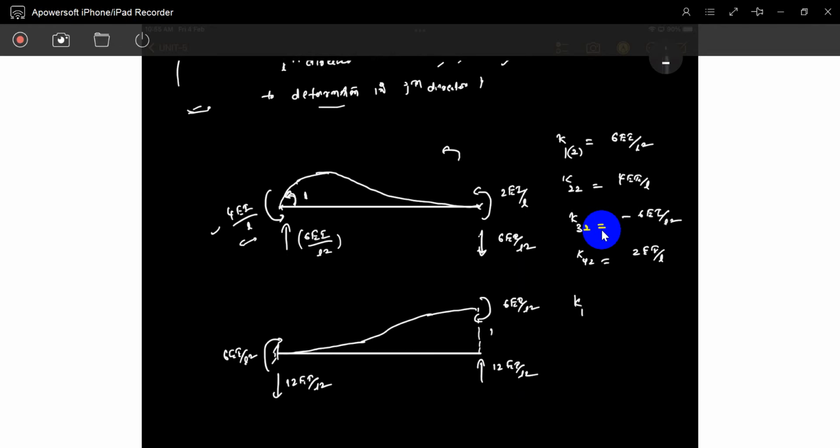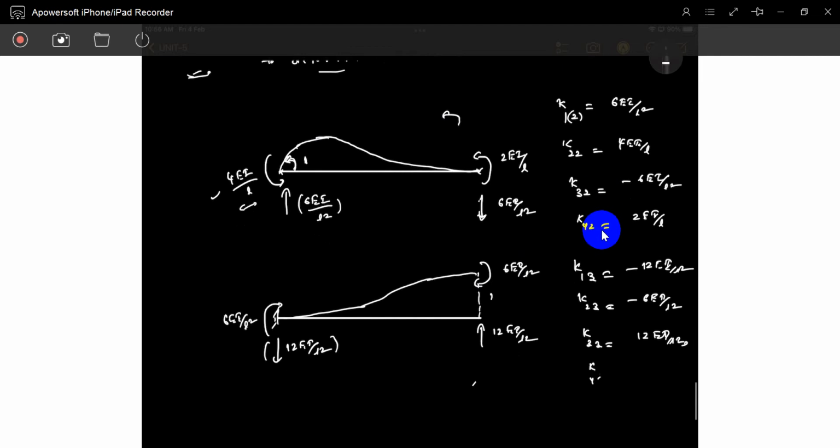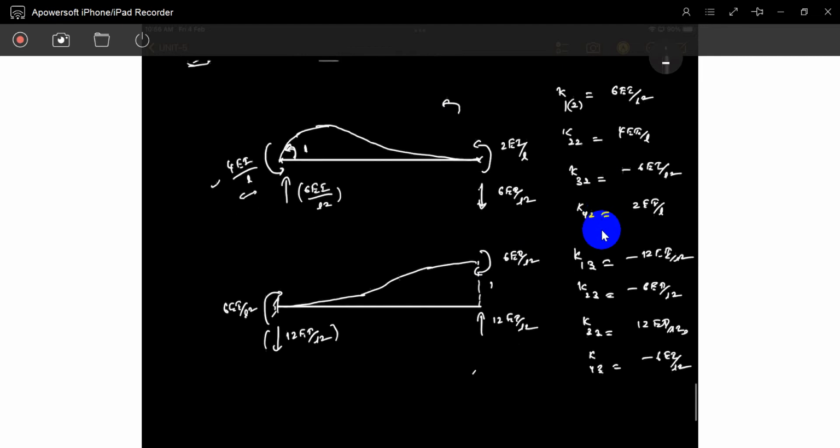K13 is negative, 12EI by L cube. K23 is also negative, 6EI by L square. K33 is 12EI by L cube. K43 is minus 6EI by L square.